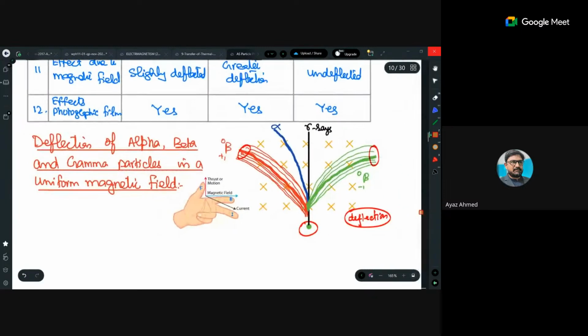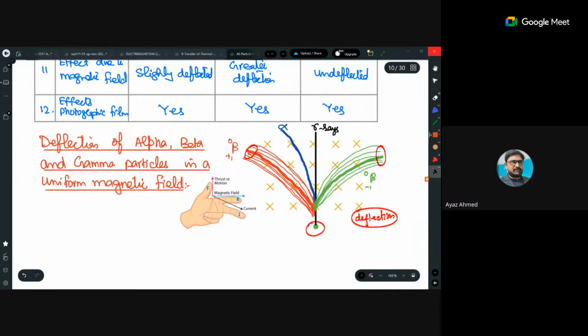We have discussed the deflection of alpha particles and beta particles. Here there is an important thing, that beta particles have a lot of paths, right? One is the thick one. Do you know why we have that thick path? The thick path is actually due to an average, because beta particles have a lot of ranges, in fact a lot of deflections because of their different speeds.